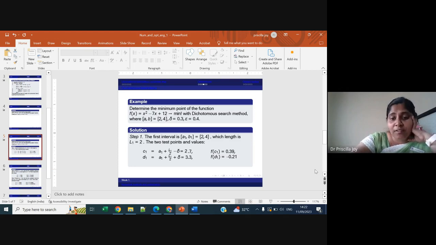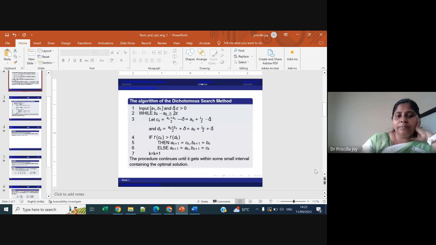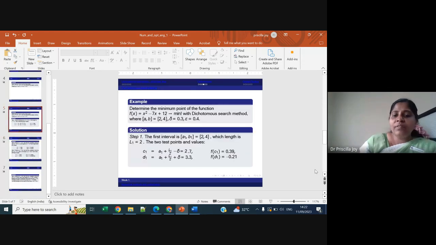Now what we need to do? We need to check what is the next condition: whether f of Ck is greater than f of Dk, or else less than or equal to f of Dk. So here we can check whether f of C1 is greater than f of D1.